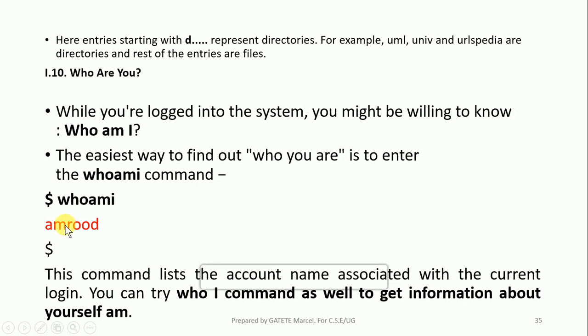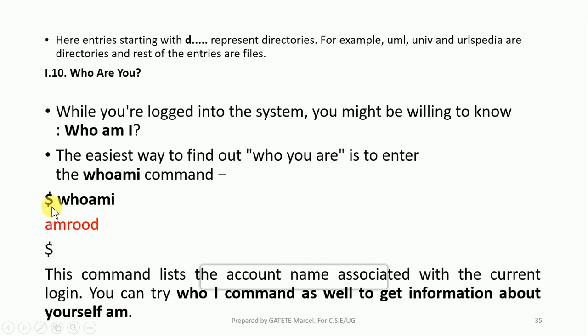The currently logged in user is called Amolod. So this command lists the account name. This is the account name which is called Amolod. So it means the username of the current login. So you can try who am i to get the information about yourself.